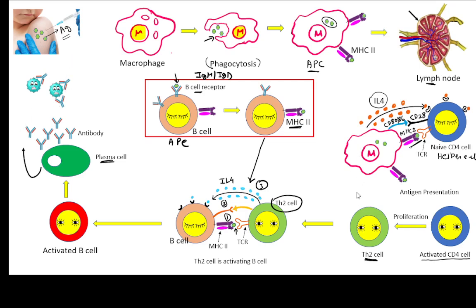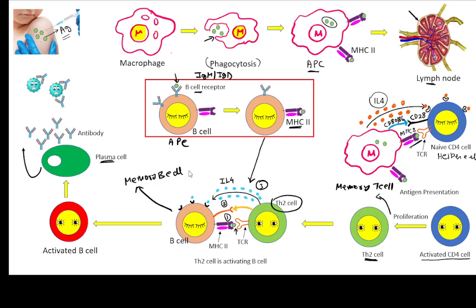And another cell, that is the memory cell, is also produced during the activation of T cell and B cell. Another cell called memory T cell, and a memory B cell are also produced. Two types of cells are produced.